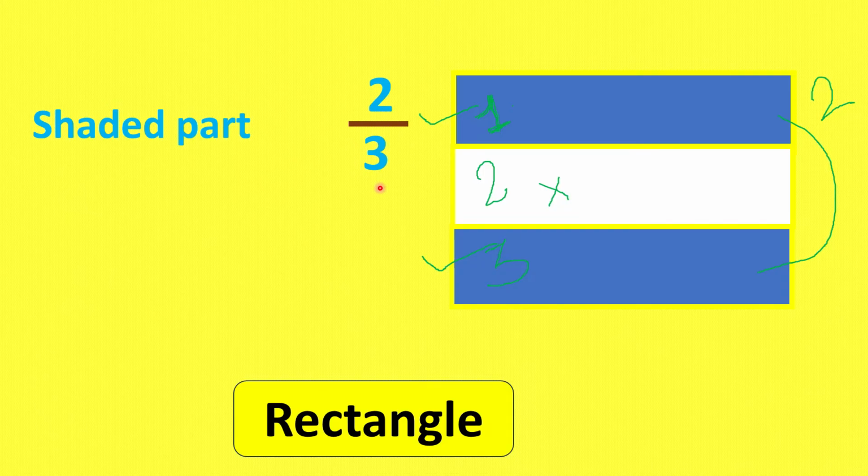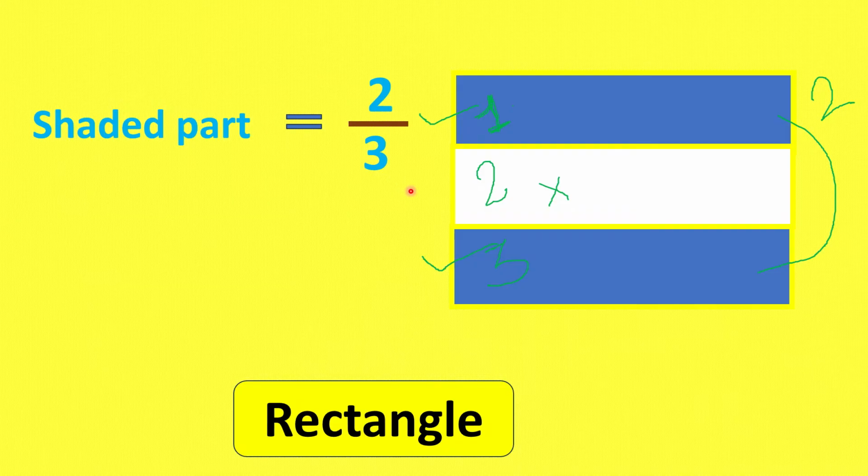But now in this session, just make your understanding this way. We learn a new concept in class third. So the shaded part is 2 and the parts of the rectangle is 3. And don't forget to use the symbol of equal between the number representation and a sentence or word statement.